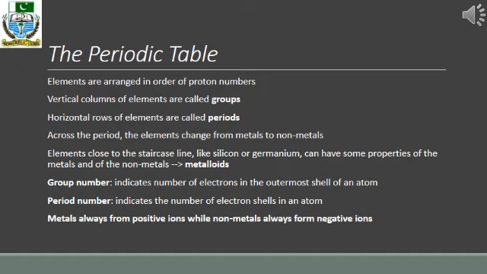So if an element is present in period 3, it means the element has 3 electronic shells. Metals always form positive ions and non-metals always form negative ions. This will be discussed in detail in your next chapter, chemical bonding.